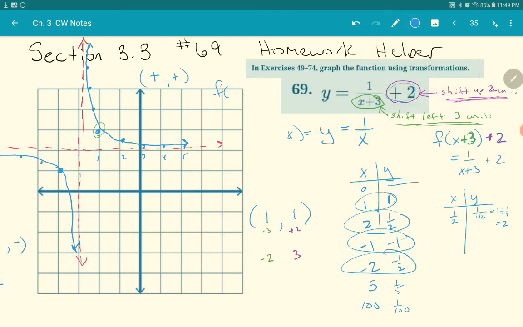So that 1, 1 point should now be at negative 2, 3. So that's 1, 2, and then 1, 2, 3. That's that point right there that is now at negative 2, 3. But in the original parent graph, it was at 1, 1. So every point on the graph shifts by minus 3 in the x and plus 2 in the y directions. You can pick a point of reference to shift. You can also pick the asymptote. It's just something that's easy to reference.